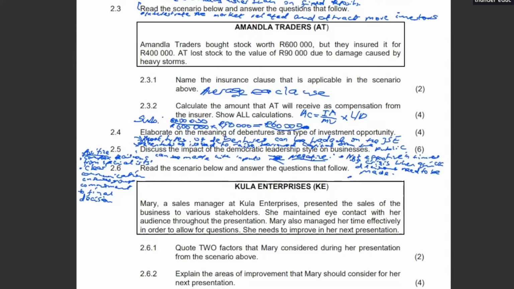So that is one of the disadvantages of the democratic leadership style. And also, employees may feel discouraged if their opinions are not considered.